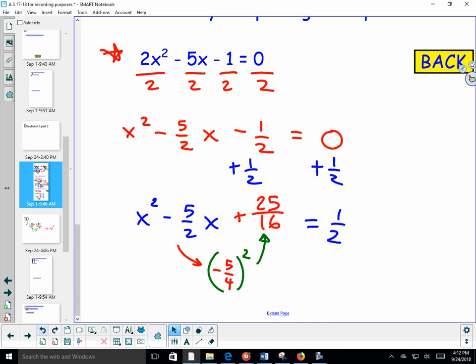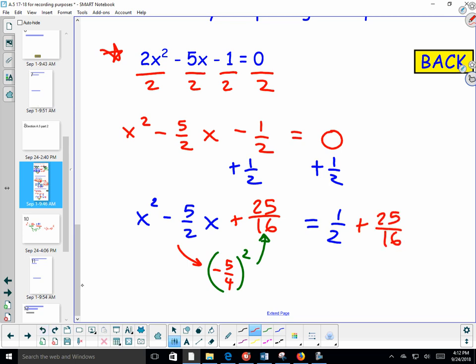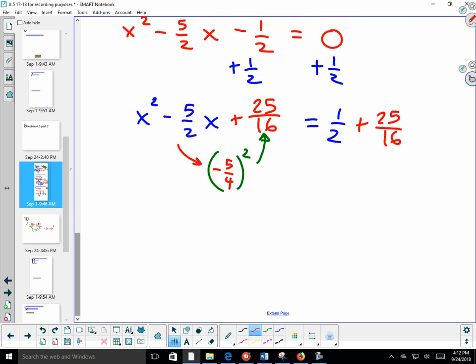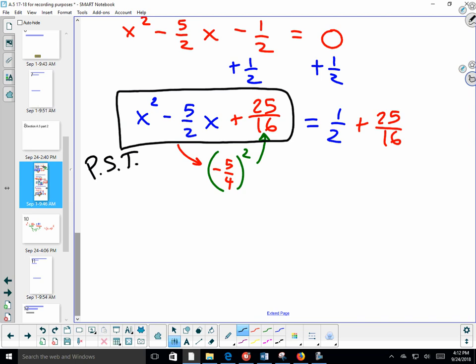So again, I can't just add 25/16 to the left side without adding it to the right side also. So I'm going to have to add 25/16 here as well. All right, and so let's clean this up. We've made a perfect square trinomial. So that means this is going to be a binomial squared.